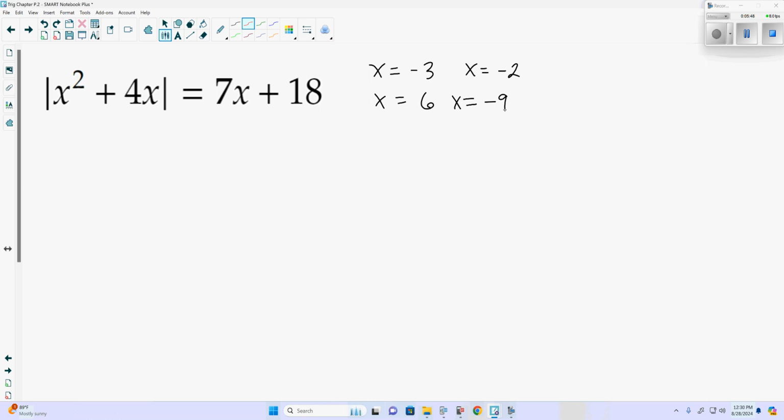Which one do we want to try first? Negative 3. Absolute value of negative 3 squared plus 4 times negative 3 is equal to 7 times negative 3 plus 18.